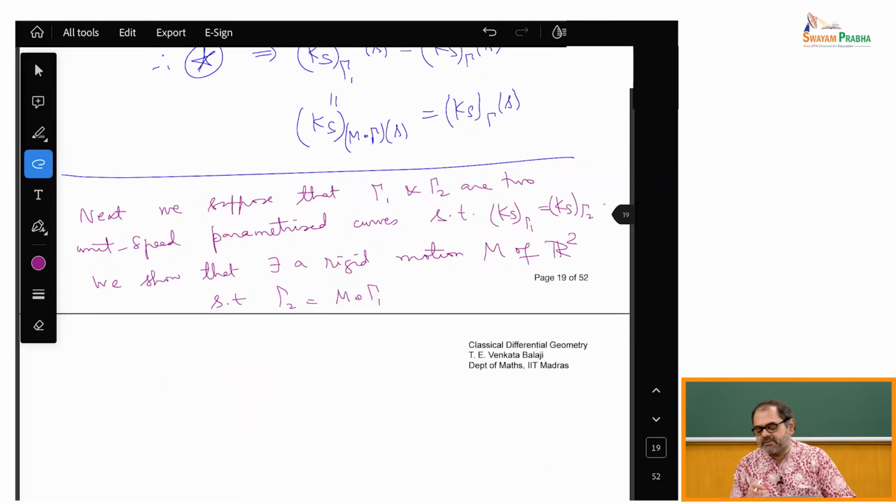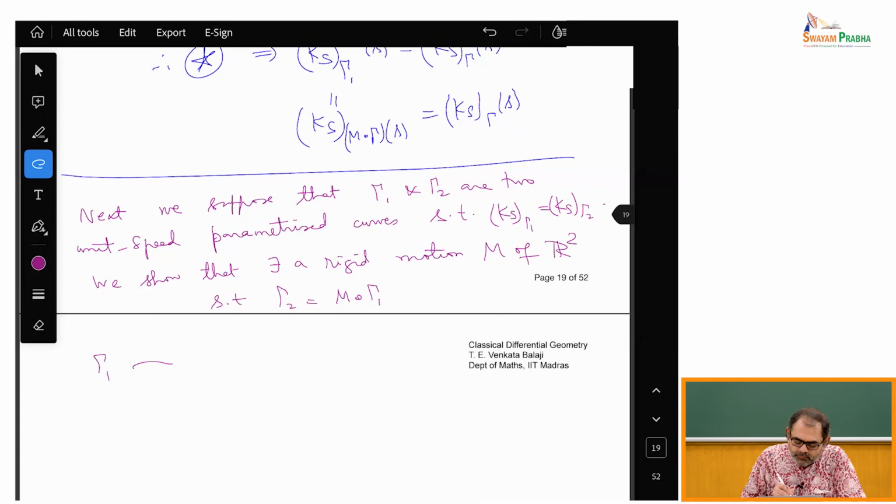So perhaps here we will use the interpretation of the sine curvature as the rate of change of the turning angle. You have gamma 1 dot, and this is a C1 unit vector. So therefore it has a turning angle.